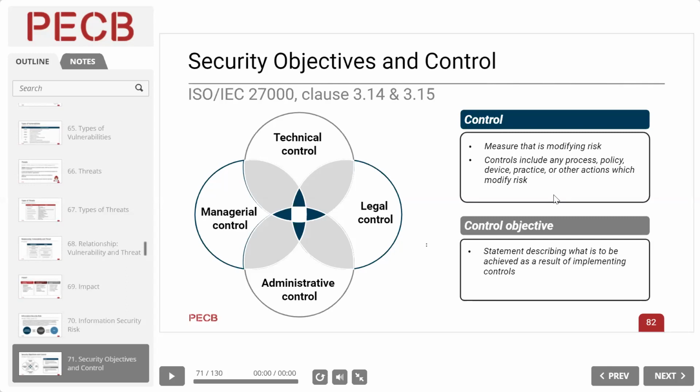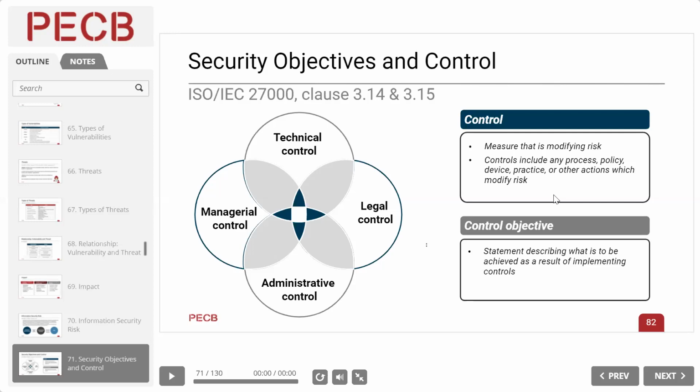A legal control is anything to do with a legal process. We view that as a legal control. So the forensic process and investigations are all legal controls, because once we start a legal process, we need to expect that it might end up in court.